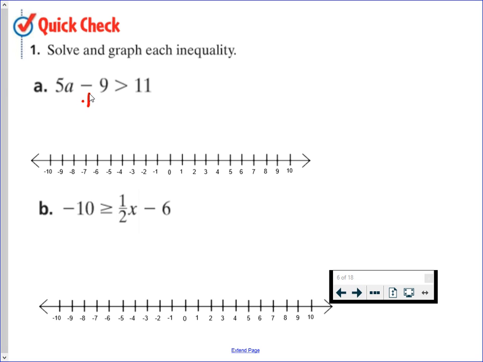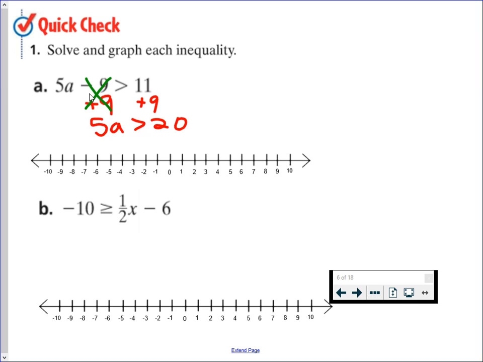Addison says add 9. Are you writing? A is greater than 20.